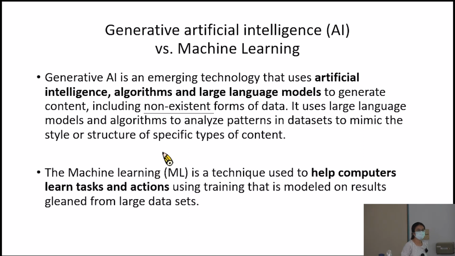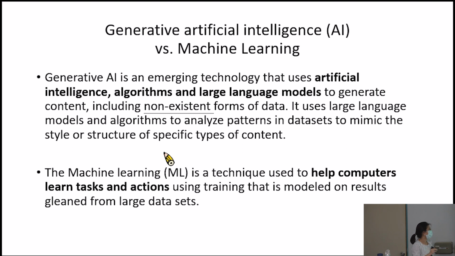And what is machine learning? Machine learning is a technique that helps computers learn tasks or actions. In other words, when we use machine learning, we usually put in a large database, and then we force the computer to learn information from this big data set.